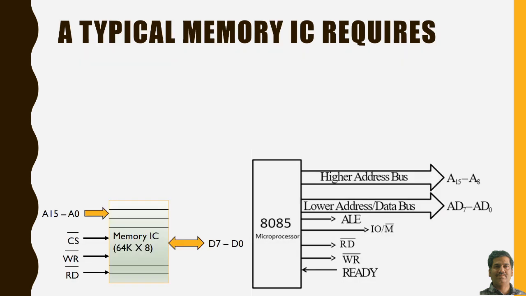Now we are going to see what typical memory ICs require and what signals are provided by the microprocessor to this memory IC. First is the address bus. It depends on the size of the memory to be interfaced. For example, if you want to interface a maximum of 64 KB, then the address lines required are 16 in total.